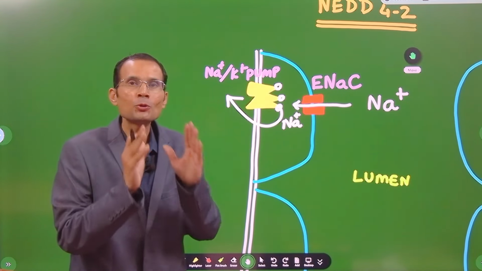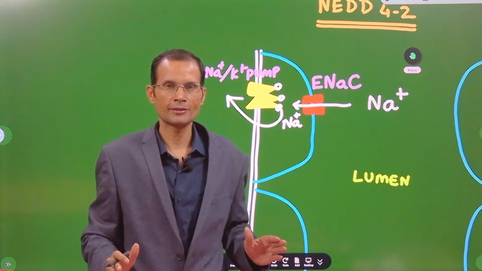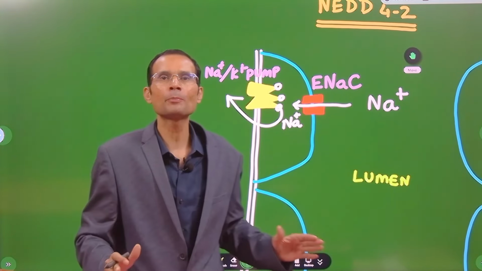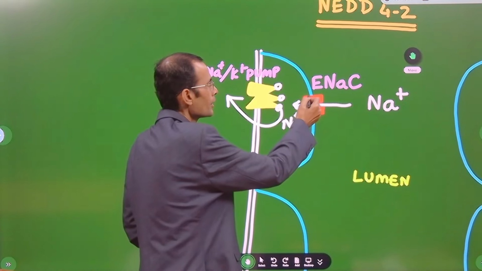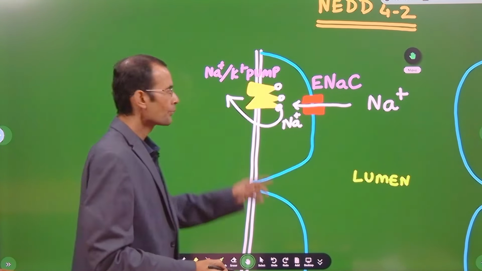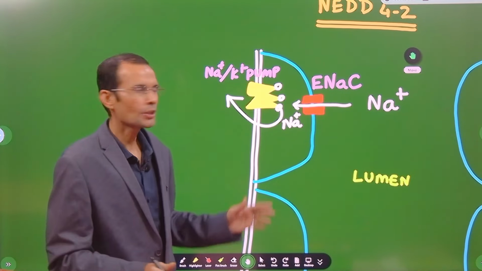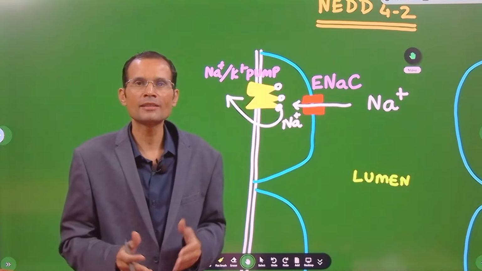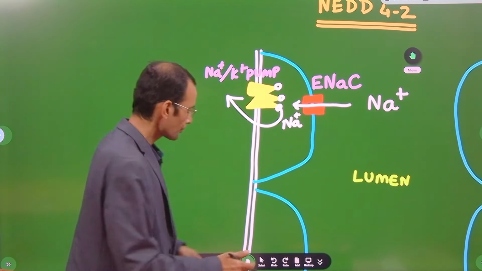So here essentially we are talking about two membrane proteins. One on the apical membrane, that is ENaC, the other one the sodium potassium pump on the basolateral membrane. And our topic is related to the membrane proteins.